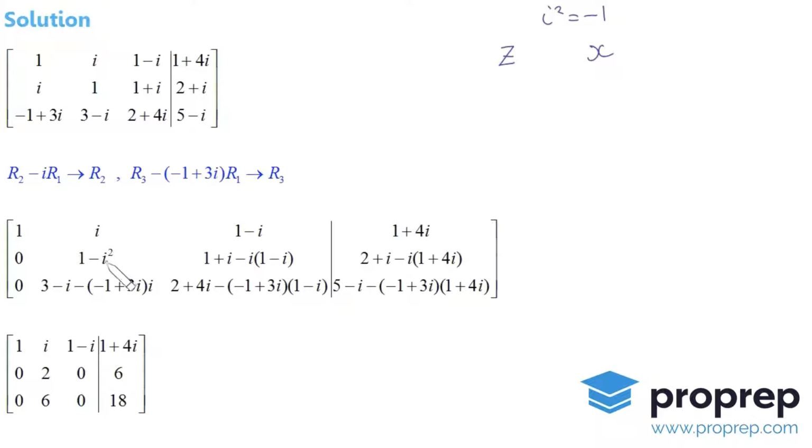Like here, i squared is minus 1, so 1 minus i squared is 2. Here we have 1 plus i minus i squared, plus i squared, sorry, and 1 plus i squared is 1 minus 1 is 0, and everything cancels.